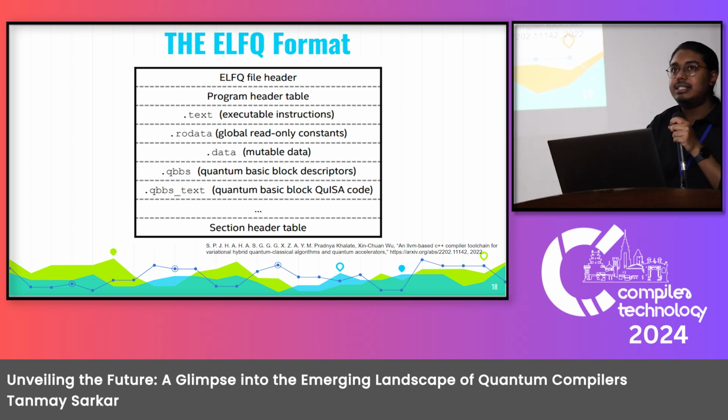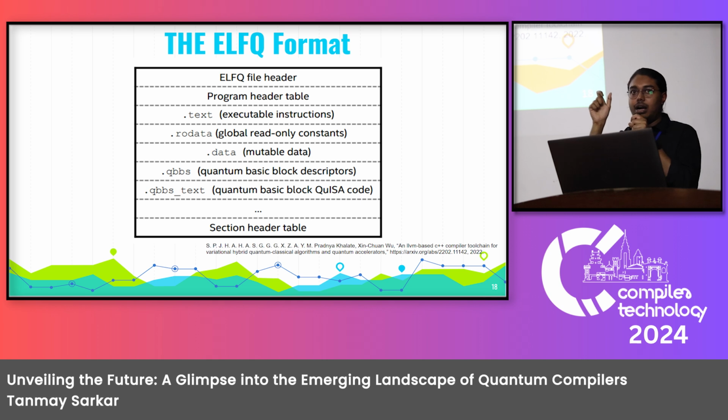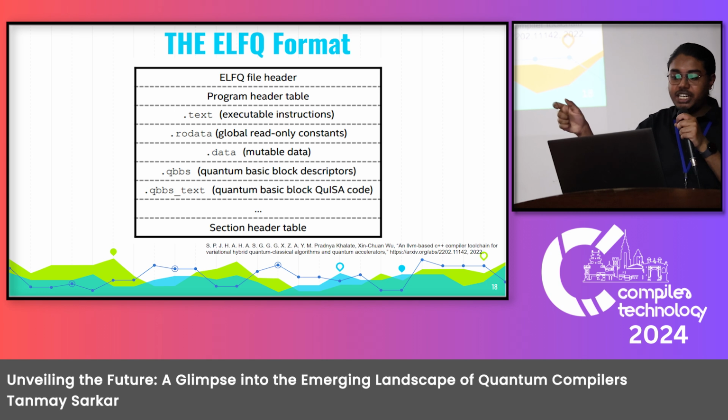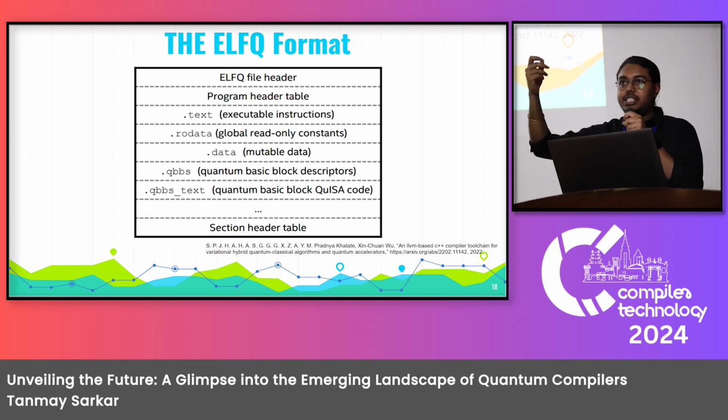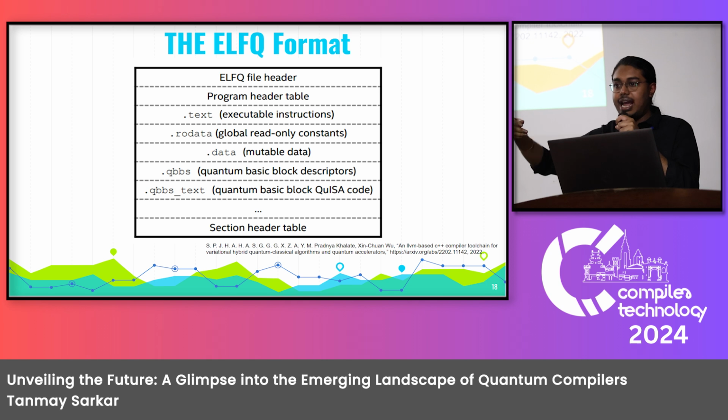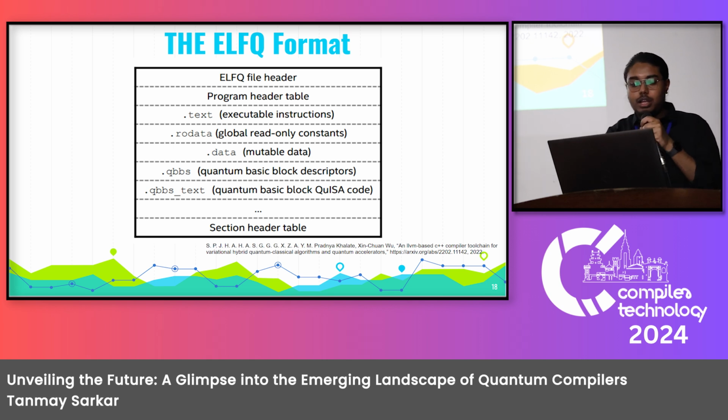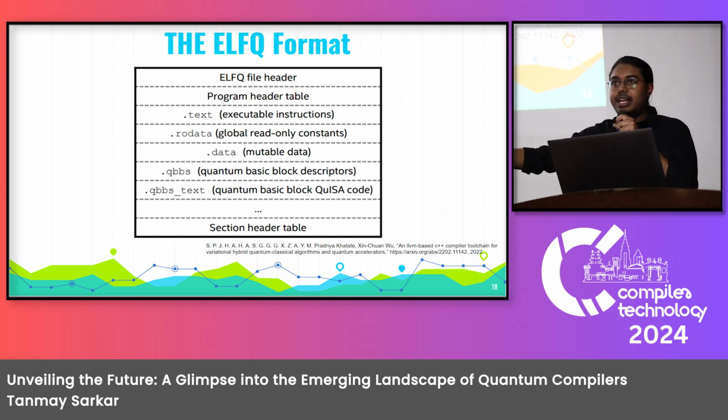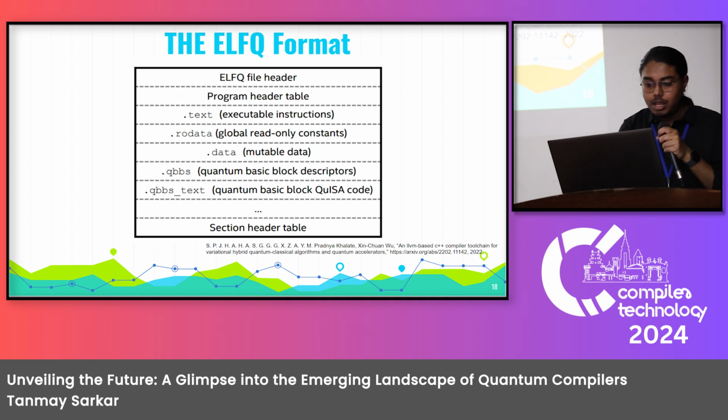And this QBBS has a table header that has information regarding the quantum kernels, basically the linkages, the function size, the alignment, the offset and all. The quantum runtime library that Intel provides would be able to decipher this information and run the variational algorithms.